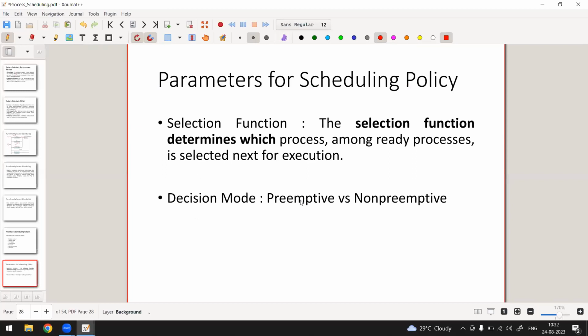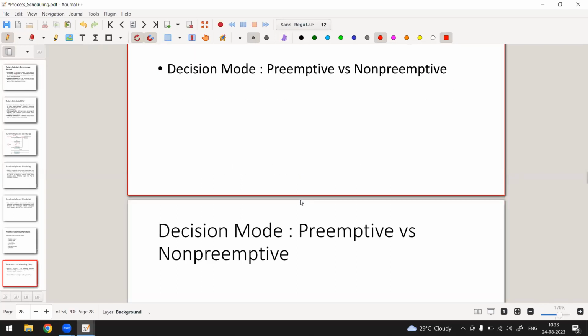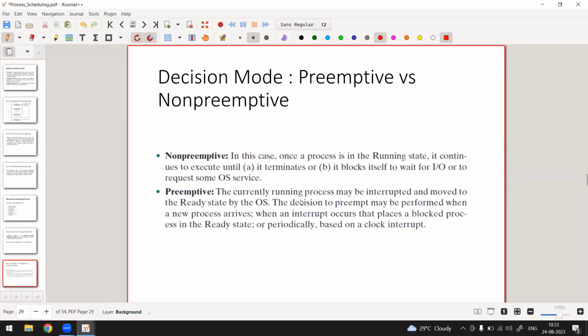It is very important, the decision mode which you take when you schedule any new policy. So what is the meaning of preemptive and non-preemptive? The thing is very simple. In the non-preemptive scenario, when the process is running, it will continue running until either it terminates or it blocks itself, meaning it waits for IO.